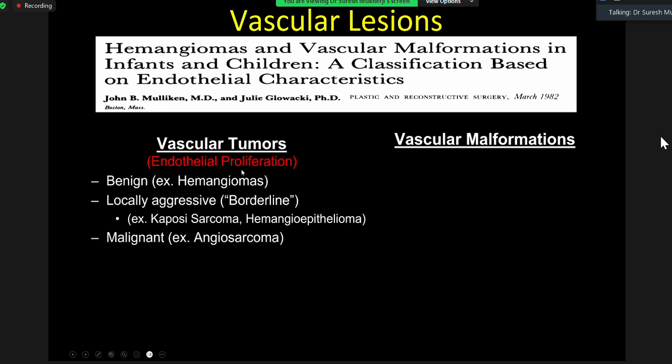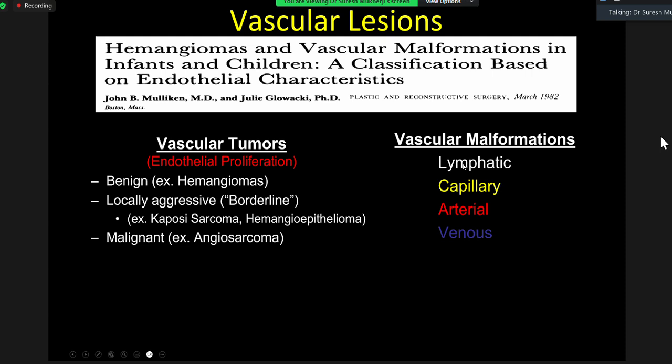Now, if I was giving a talk on head and neck tumors, then all of a sudden Kaposi sarcoma and angiosarcomas are actually classified by the WHO as tumors. So just realize that there is an overlap depending on the organization you're working with. But in general, these lesions are classified as vascular tumors, and they are part of the organization I'm going to mention in just a couple of minutes.